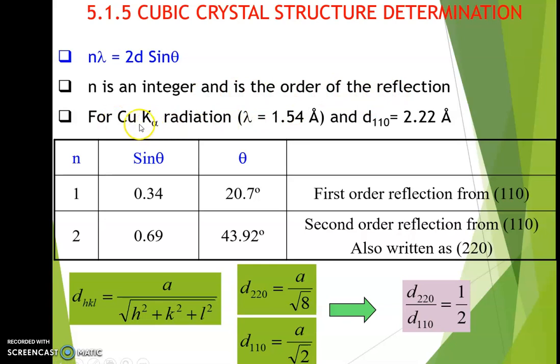For copper K alpha radiation, lambda is around 1.54 angstrom and d for the 110 lattice plane is 2.22 angstrom.